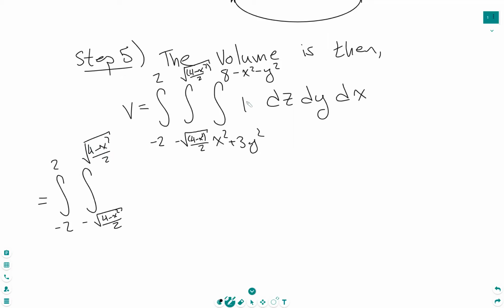Then we integrate with respect to z, and then we plug in our z bounds. So if we go ahead and do that, we have this 8 minus x squared minus y squared minus x squared plus 3y squared, which ends up giving us 8 minus 2x squared minus 4y squared dy dx.